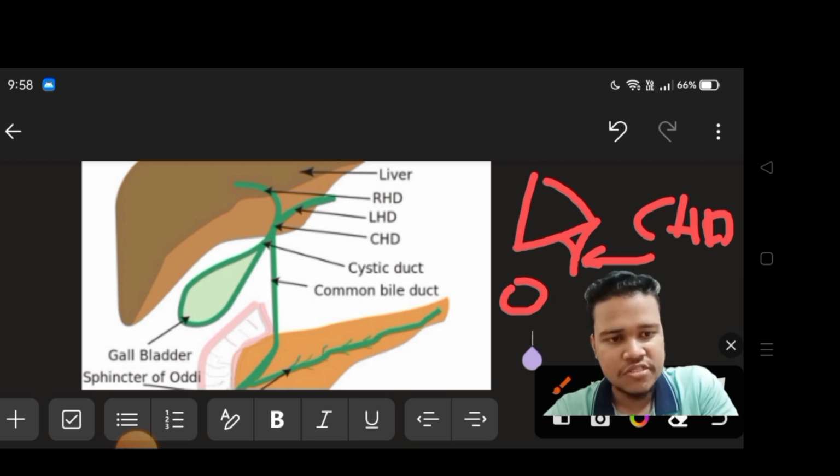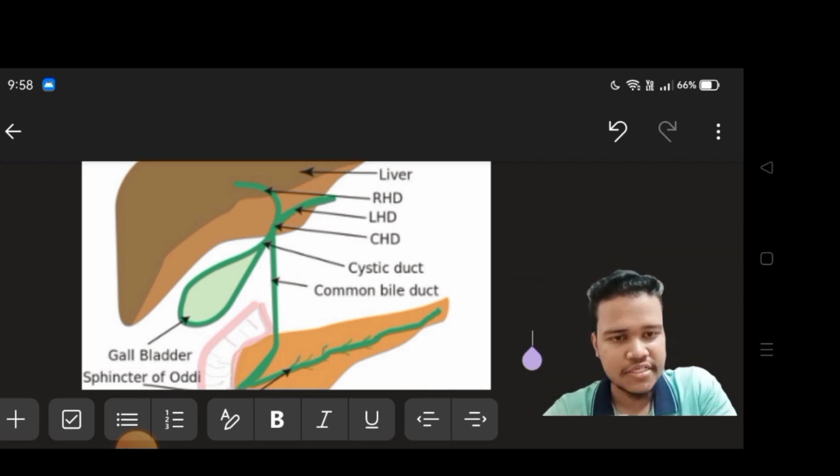And the gallbladder gives origin to the cystic duct, and this cystic duct along with the common hepatic duct forms the common bile duct, or CBD, meaning common bile duct. So what will be the fate of the common bile duct?